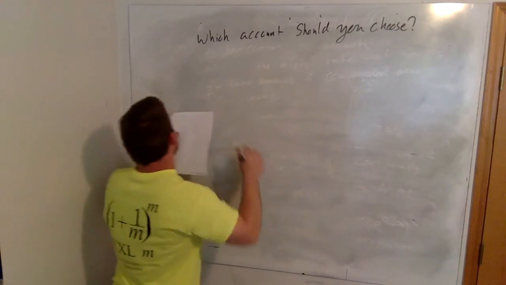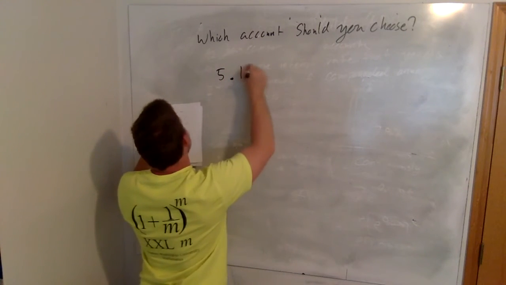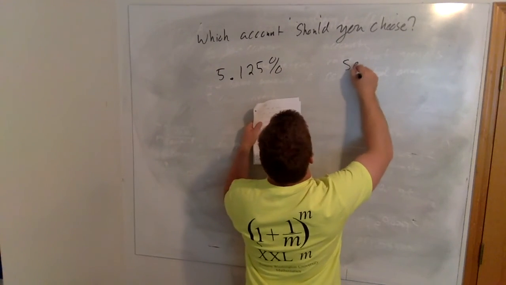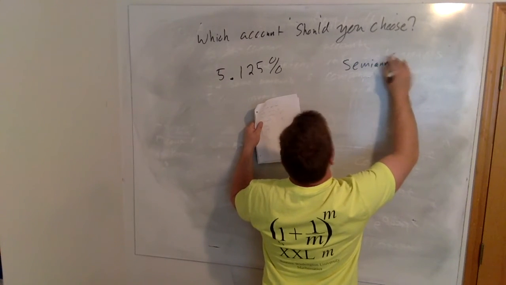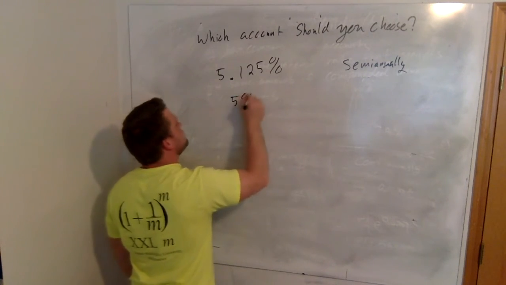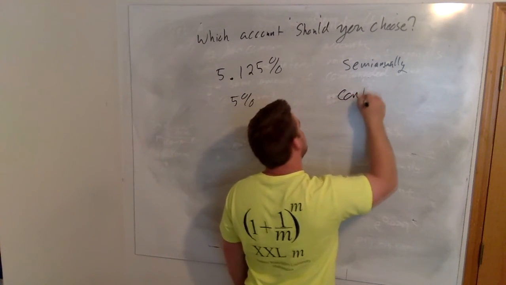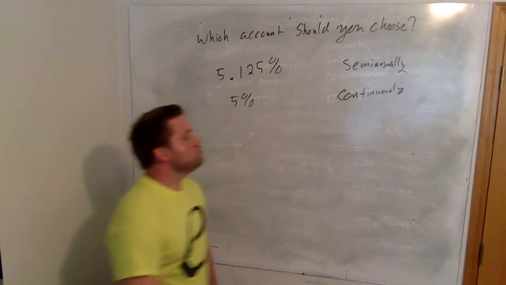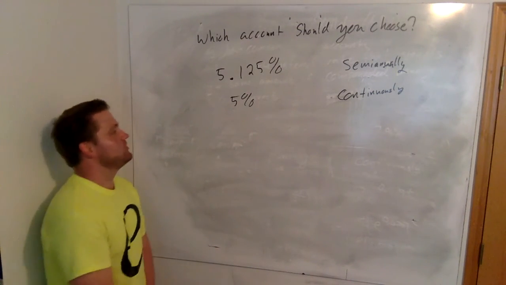Let's say you have an annual interest rate of 5.125%, compounded semi-annually. And let's say, how about 5% compounded continuously? I want you to do this by finding the APY and then telling me which bank account is better. Give it a shot.